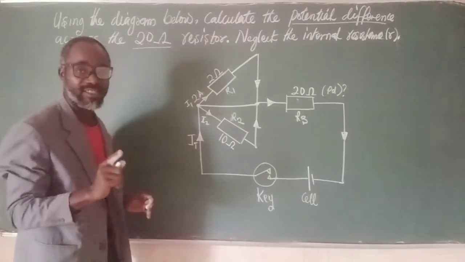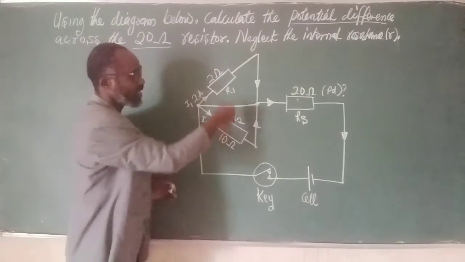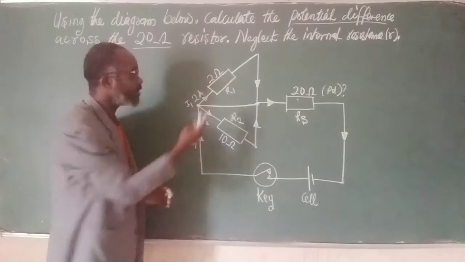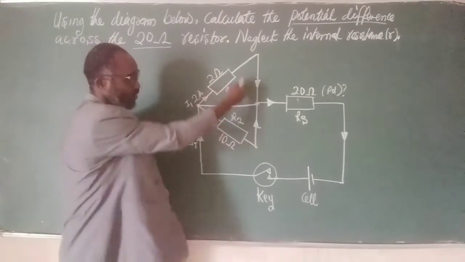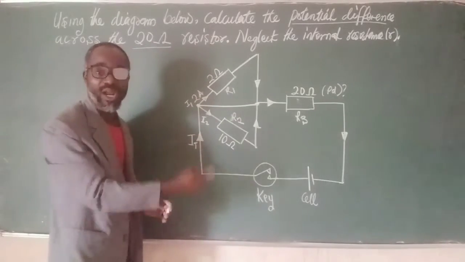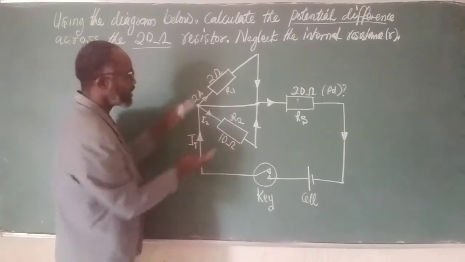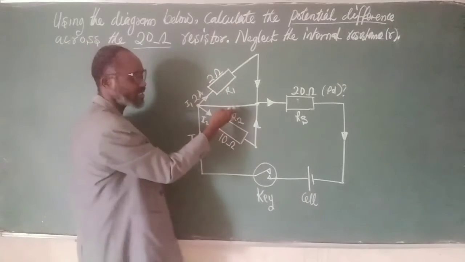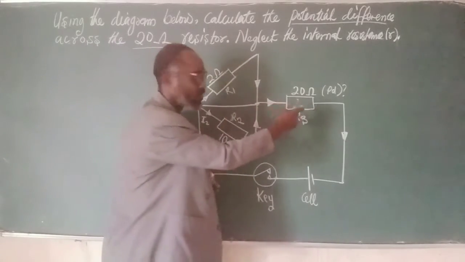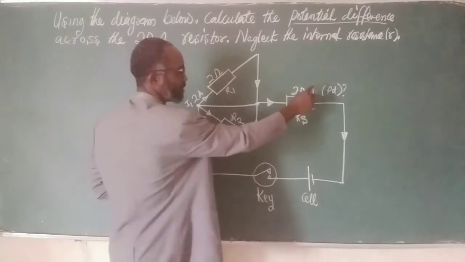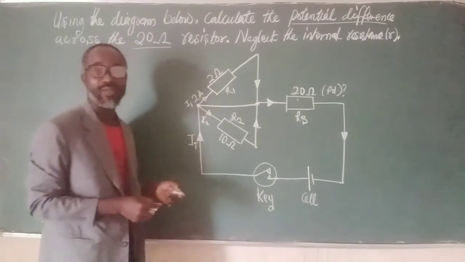Don't forget that this is a parallel arrangement of two resistors with different resistances. By the time we resolve this, we reconnect it in series with the 20 ohm resistor. Then we'll be able to find the potential difference across the 20 ohm resistance.